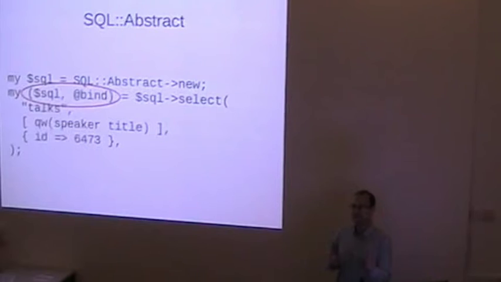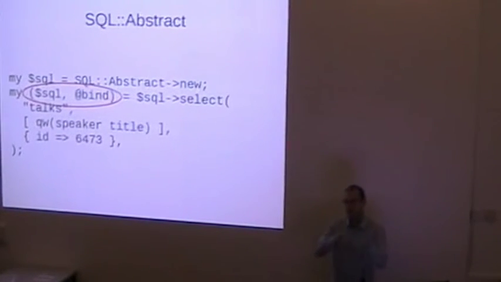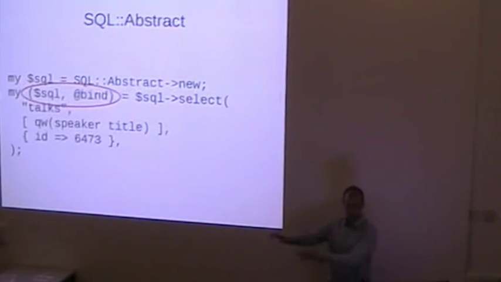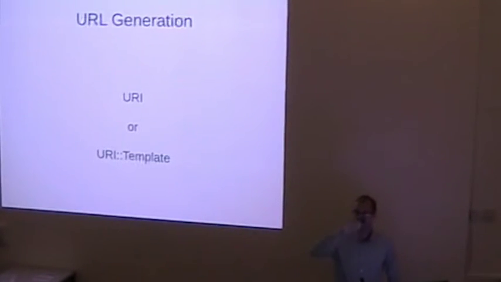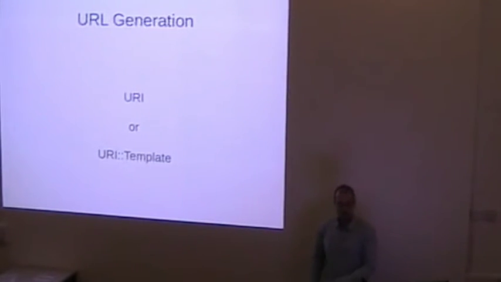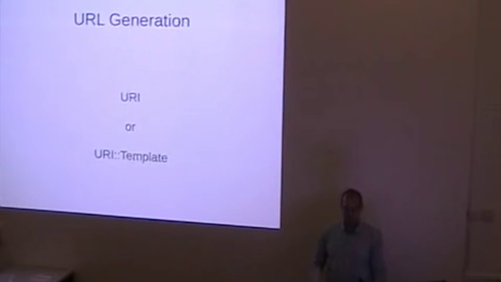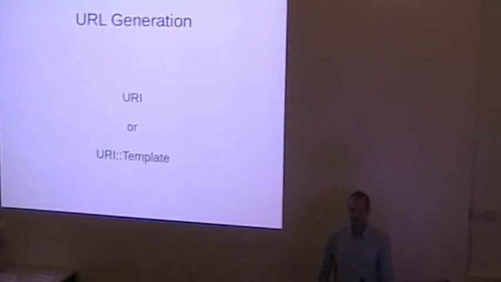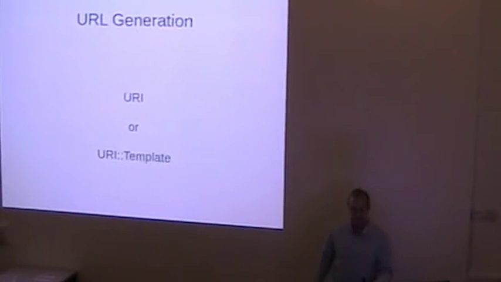So one way of avoiding escaping things is just to, rather than storing things as text, store them as some sort of structure. I showed in my example creating a URL using a text string, concatenating things together. Probably most of you are aware of the URI module on CPAN, which is commonly used for this.